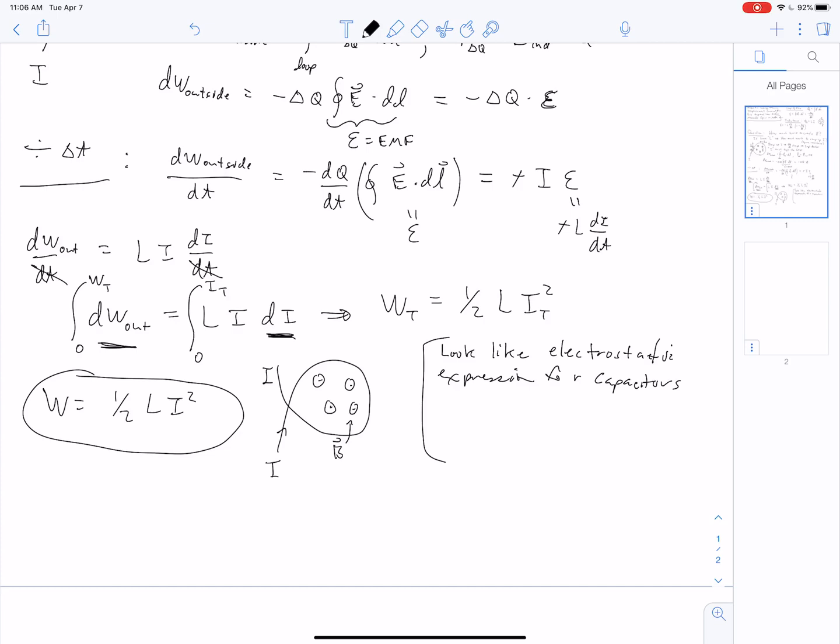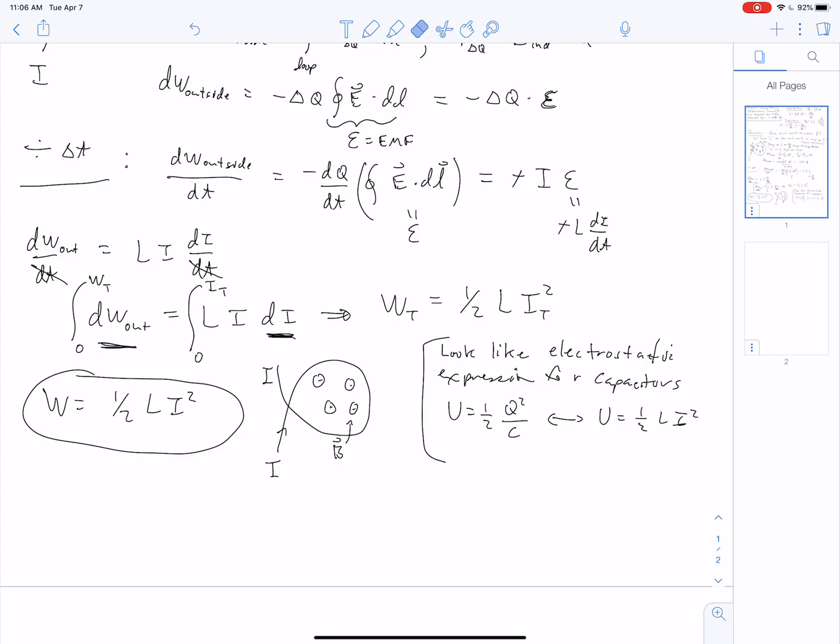For capacitors, we have U is equal to 1/2 Q squared over C. And now we have U is equal to 1/2 L i squared.